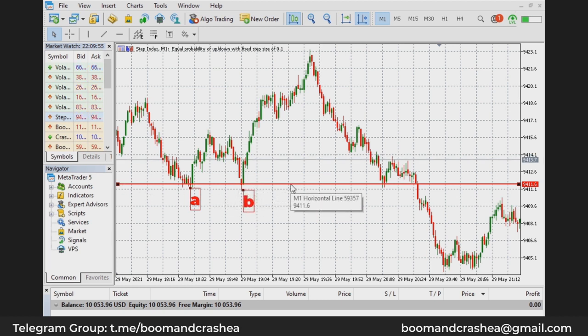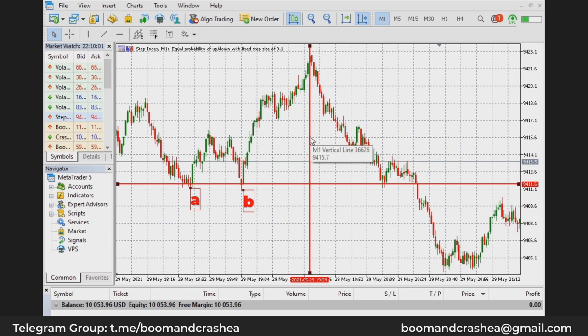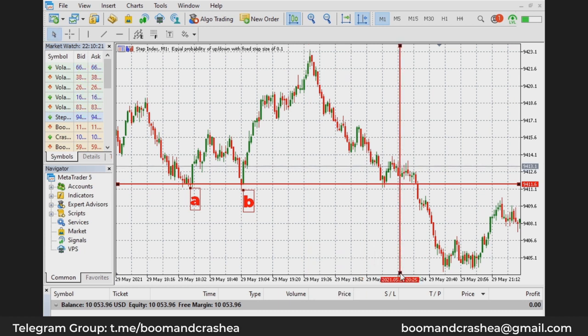Then we look at vertical trend lines, which is this. If I take this and do this, a vertical trend line identifies moments in time. So you can see right down here it is telling me 29th of May 2021, 7:39 p.m. Do you see that? That is the point in time that it displays. If I move it here, it tells me another time, 8:25.